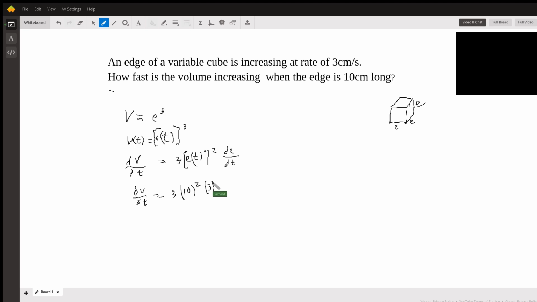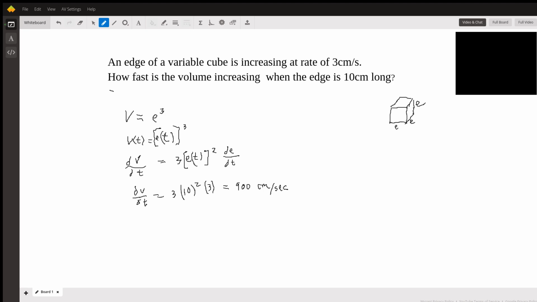The length of the edge at that point in time is 10, and then the 3 is the rate, so that's it. So that's just 900. And the units are going to be cubic centimeters per second. And that's all there is to it. So it's fairly simple.